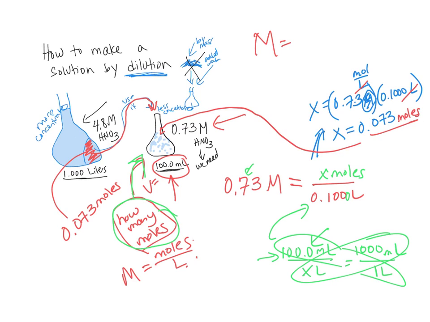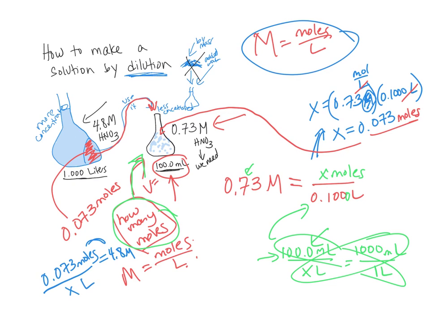Molarity gives me a relationship between moles and volume. So if I need to take out 0.073 moles, and I know that my molarity is 4.8 molar, I can use the relationship between these two to calculate how many liters I would have to take out.